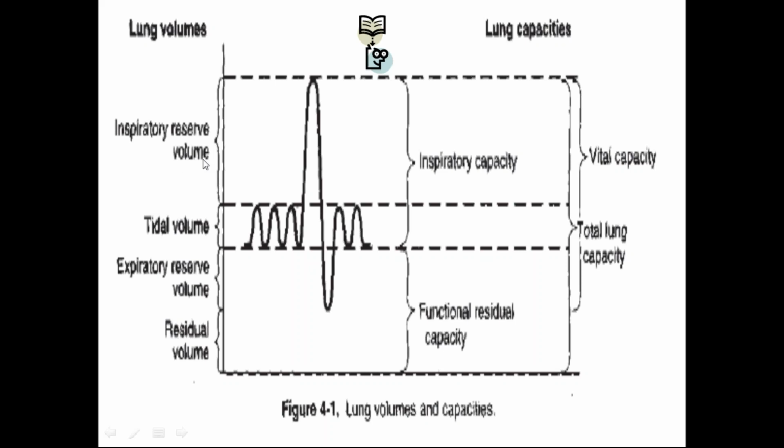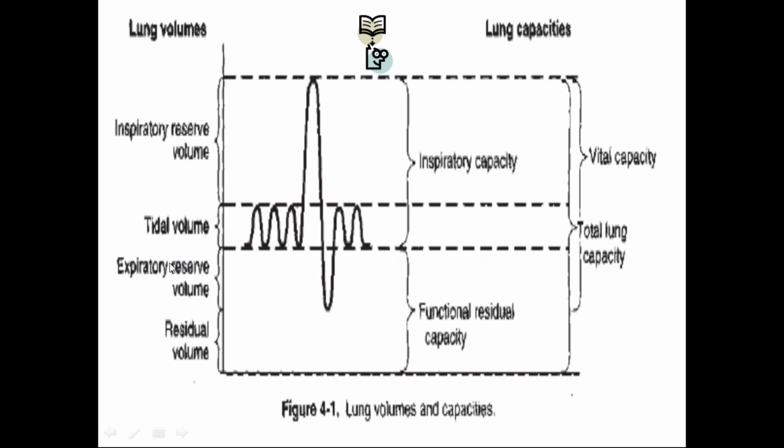Those are the mnemonic you need to remember. We have inspiratory reserve volume, tidal volume, expiratory reserve volume, residual volume. So here we have 1, 2, 3, 4. Now, if we divide it in half, 2 here and 2 here, the inspiratory reserve volume and tidal volume are going to be the inspiratory capacity.